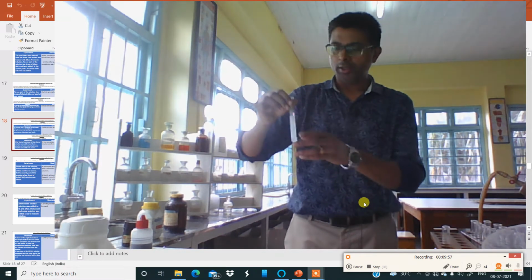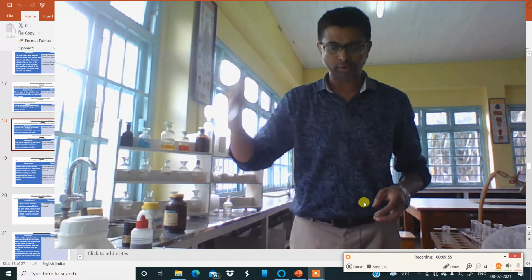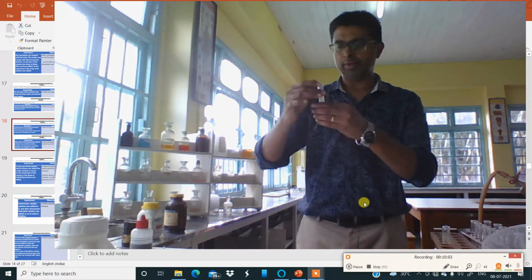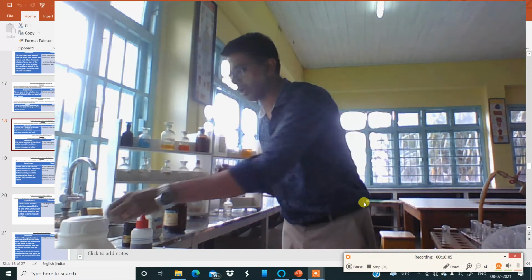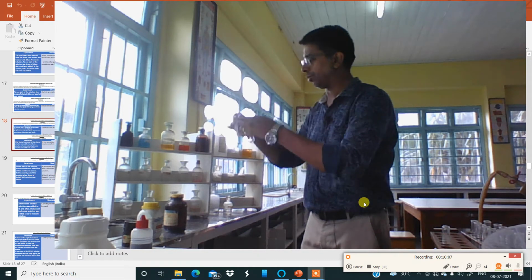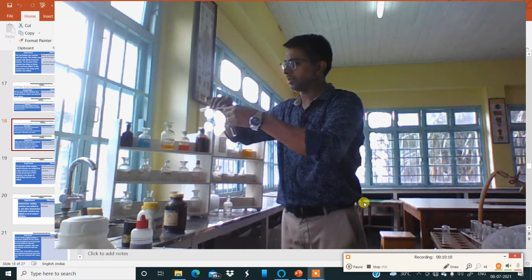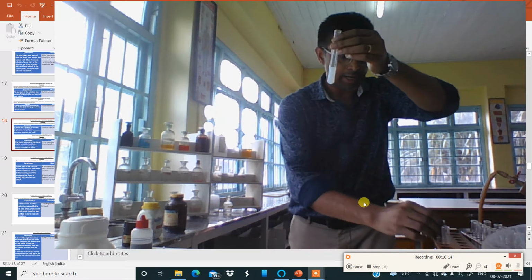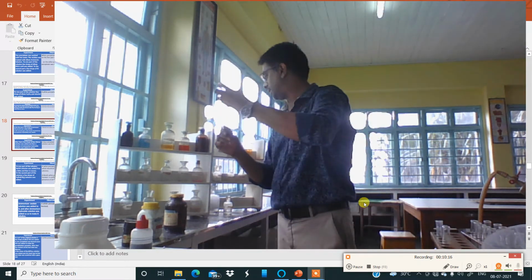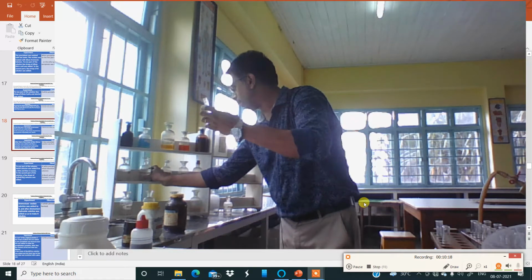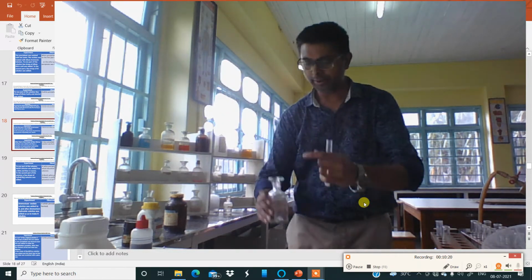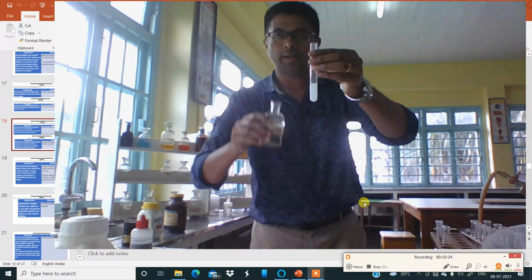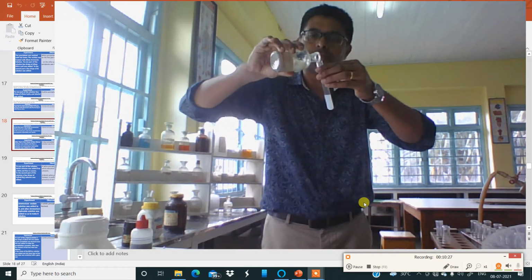Now this precipitate of aluminum, I'll try to dissolve it. I'll transfer a little bit of it into another test tube like this. Okay, I have transferred this much. And then I'll dissolve it in dilute HCl. I will take dilute hydrochloric acid over here, and then try to dissolve it.